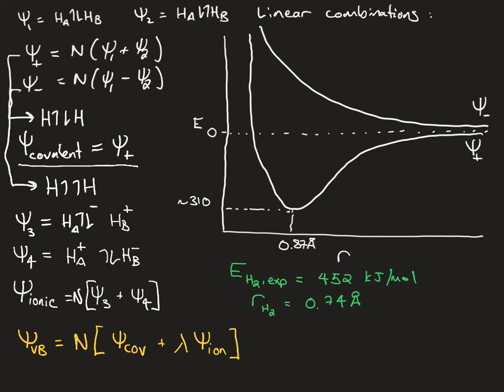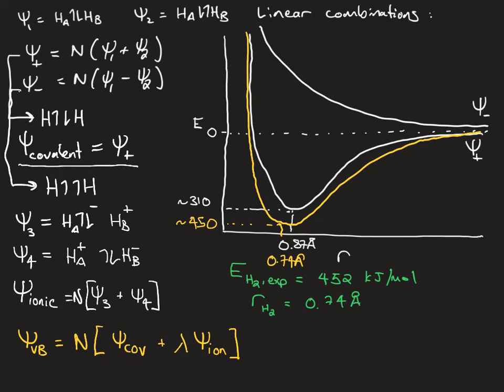When we do this and we plot its energy and equilibrium bond length, we now get something that matches the experimental bond length of 0.74 angstroms and the bond dissociation energy of approximately 450 kilojoules per mole.